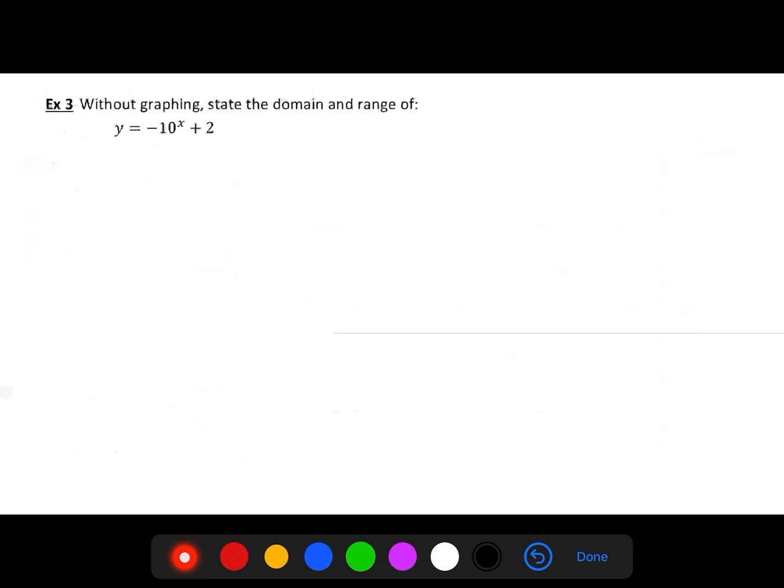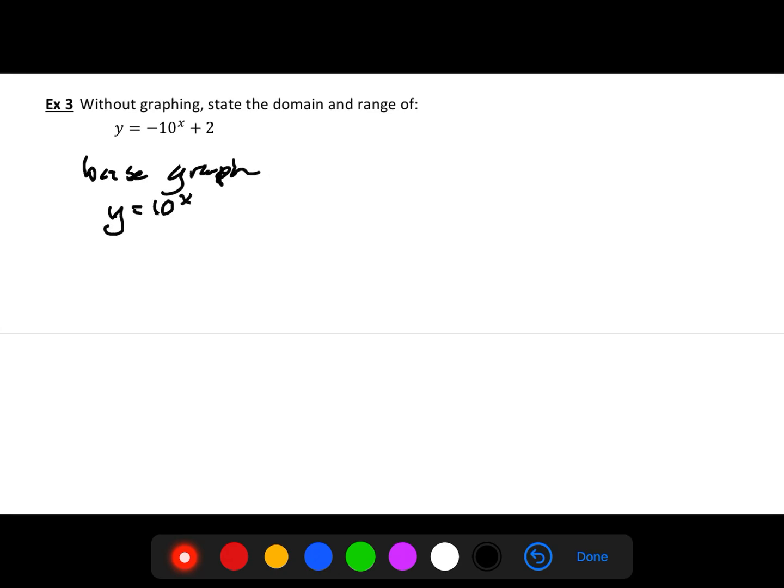Now, example 3, without graphing, we want to state the domain and range of y equals -10 to the power of x plus 2. Well, we want to think about our base graph. So we're always looking at how it compares to our base graph.